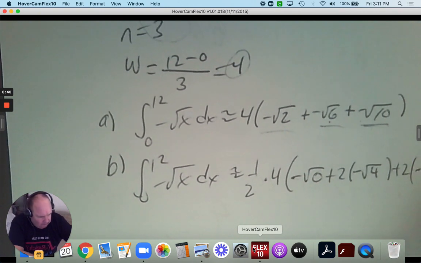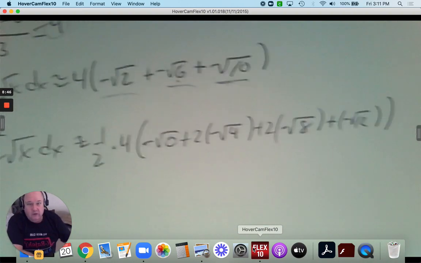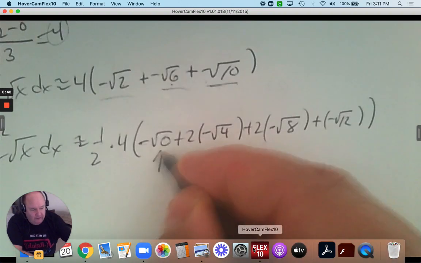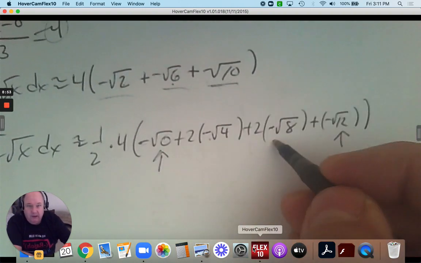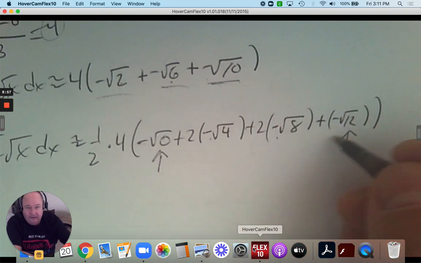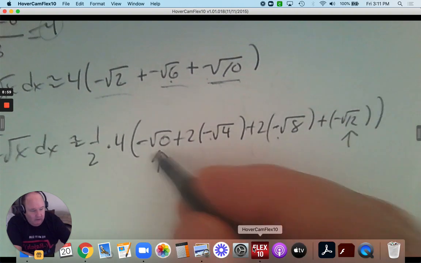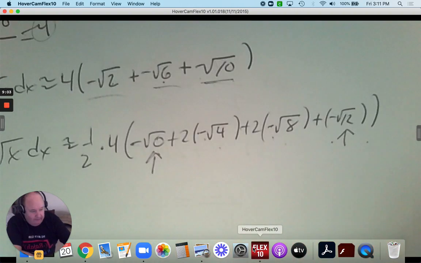But 12 will not be doubled. So for the trapezoidal rule, the first height and the last height are singular, and the middle heights are shared. And so that's why they're doubled. And those are the exact heights, and just leave it the way it is. Notice I'm not even writing 0 down. Just follow the pattern and don't overthink it.